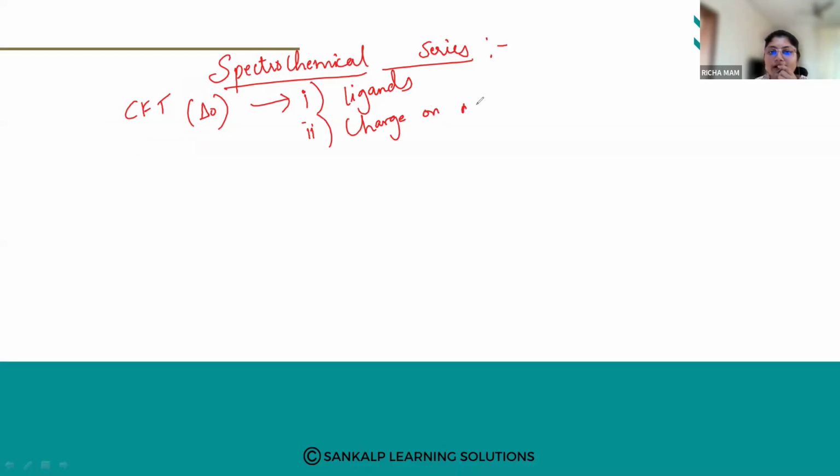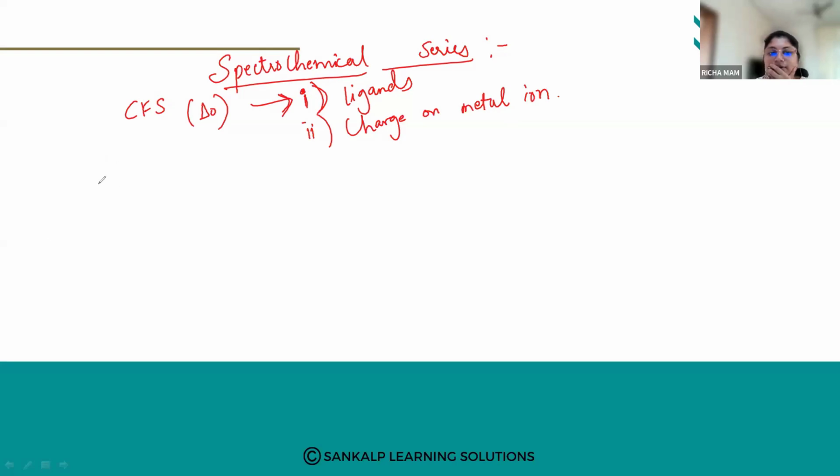I'll write crystal field splitting as CFS. Crystal field splitting depends on two factors: the field which is produced by the ligands, and the charge on the metal ion. So these are the two factors.